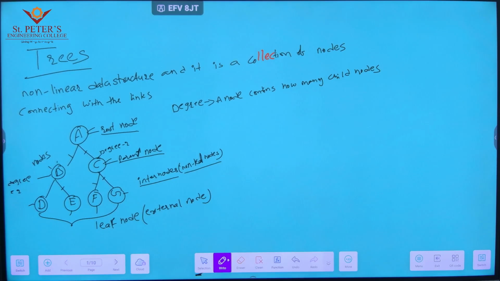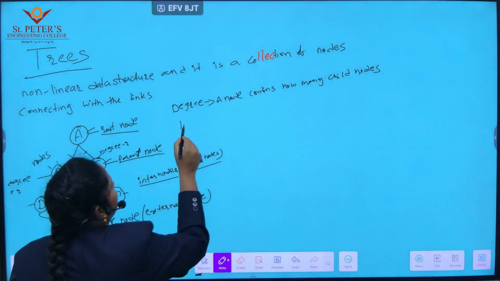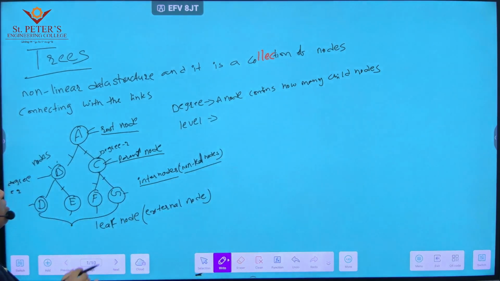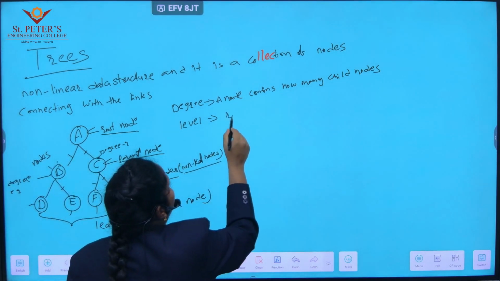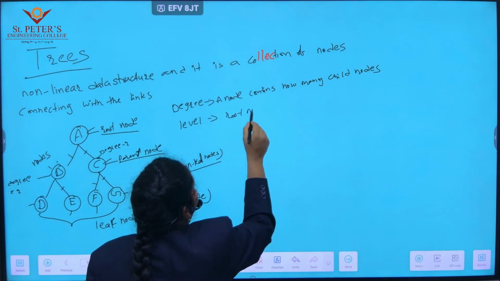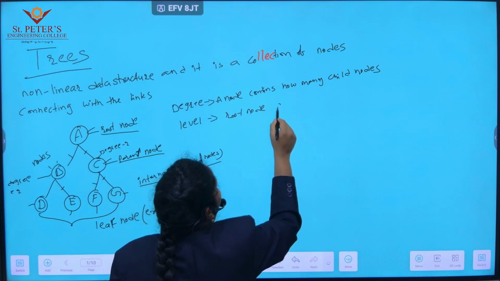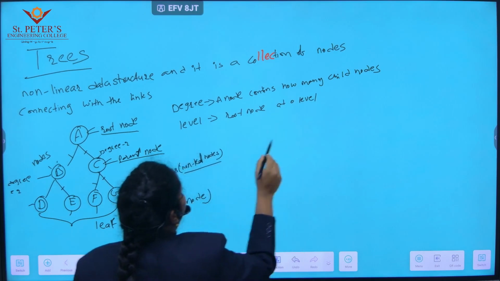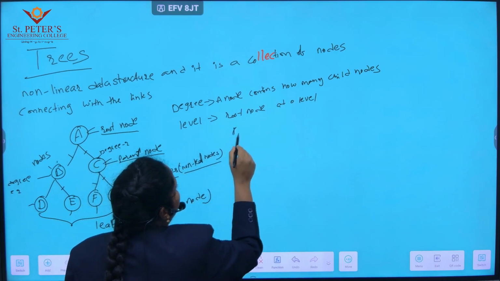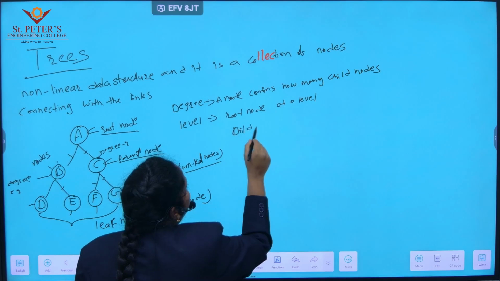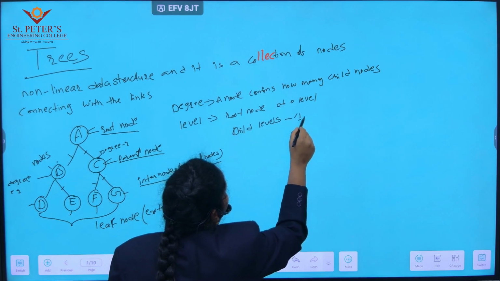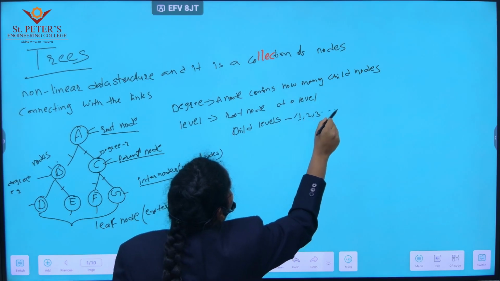Next is the level. In every tree, the root node is at level 0, and the next child levels are 1, 2, 3 and so on.